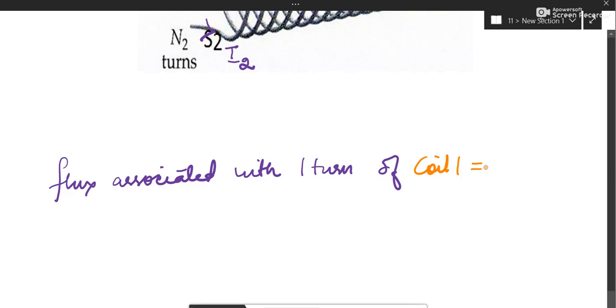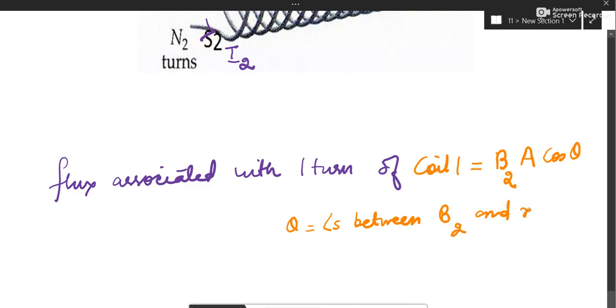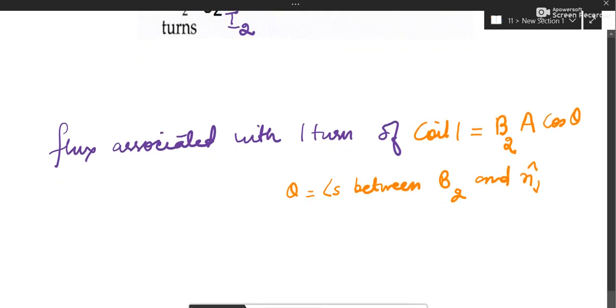It will be equal to the number of magnetic field lines. The field will be of the second coil passing through a given area, that is the common area, along the normal. So what is theta? Theta is the angle between the field and the normal of the first. Again theta will be 0 degrees. If you wish you can show it in the diagram. Cos 0 will be 1.